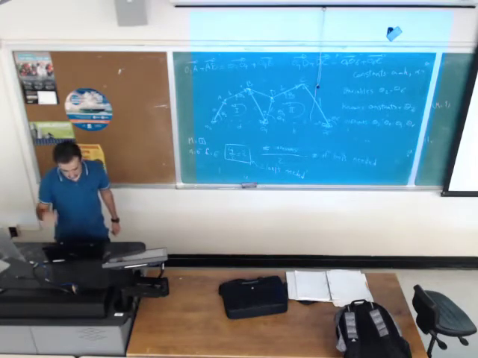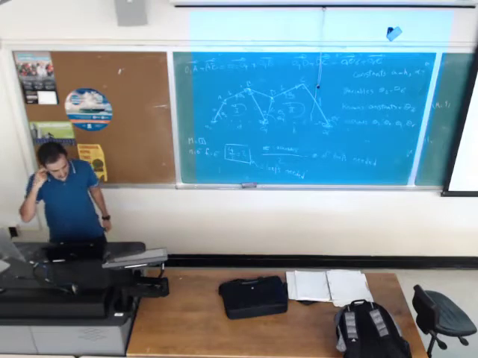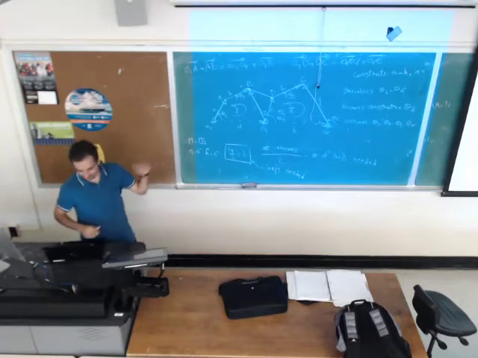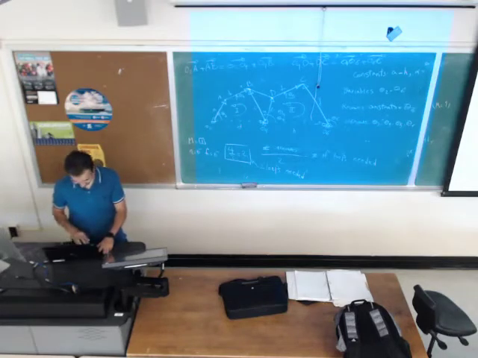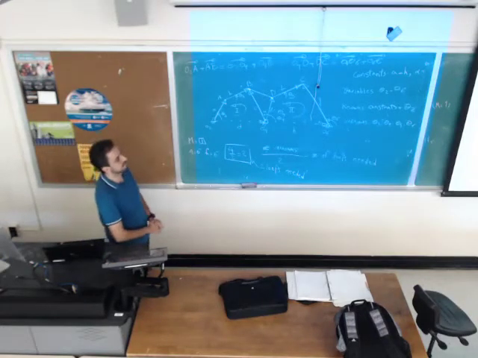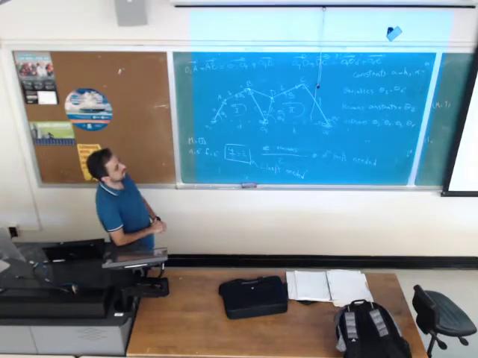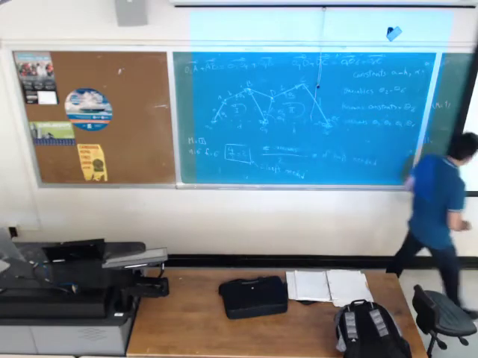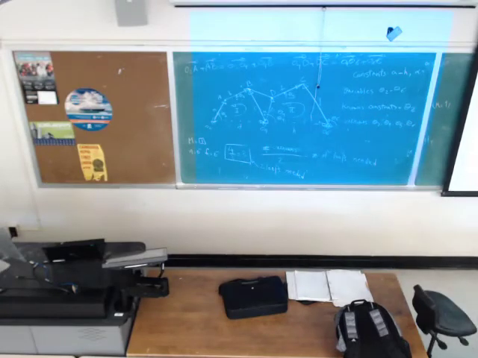So let's do one class activity. For a 4-bar mechanism, we might have 2 modes. The maximum possible number of modes is 2. How many possible modes can you see for this mechanism?